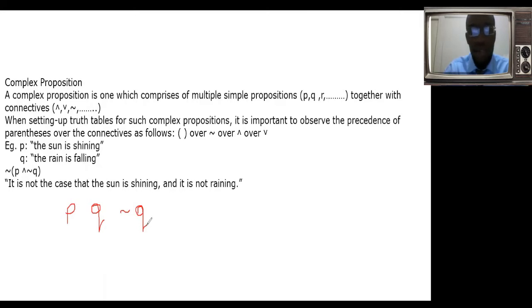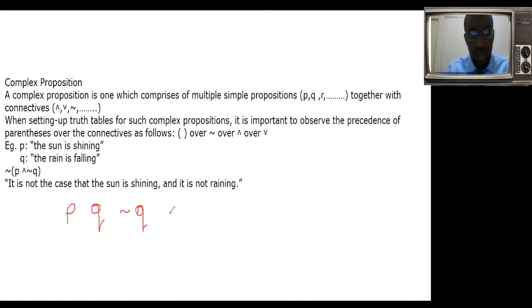I'm looking at what we have right here, what we're going to find the truth table value for. So we have P, we have Q, we have not Q, then we have P and not Q, then we have the negation of P and not Q. So that's how you determine all of what you need to put in your truth table.